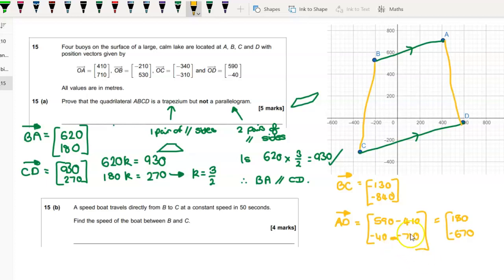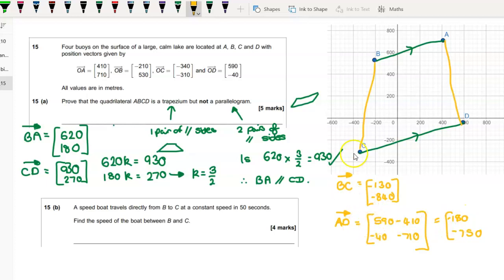That's not minus, it's just minus. Oh, honestly, sorry, I'm confusing myself. Right, minus 40 minus 710 is minus 750. And the question is, can we find, that'll be minus, won't it?